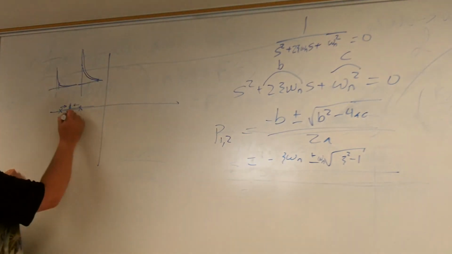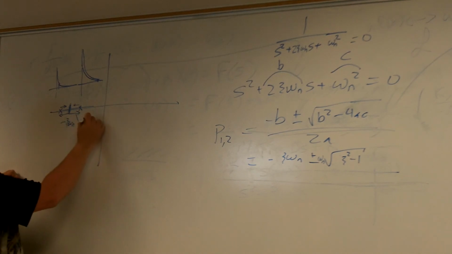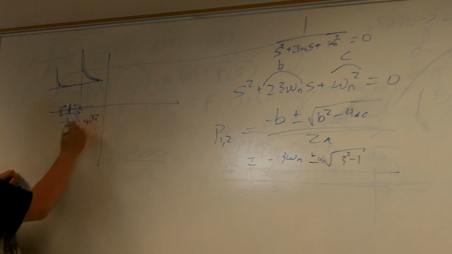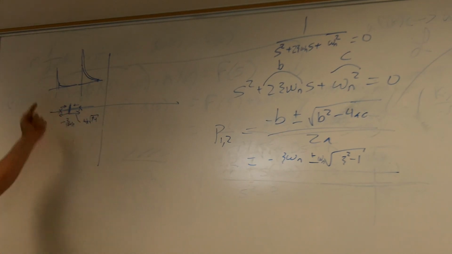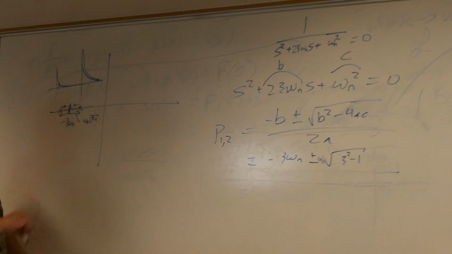So this distance here and this distance are the same, and they are just omega n times the square root of zeta squared minus 1. One goes that way, one goes the other because it's plus and minus. As this goes to 0, they start coming together until they hit and they overlap.